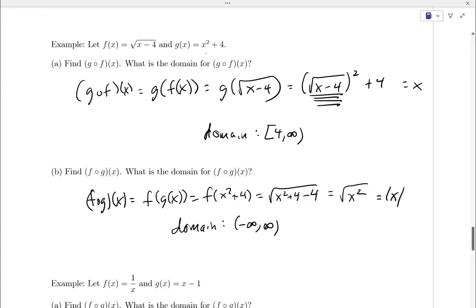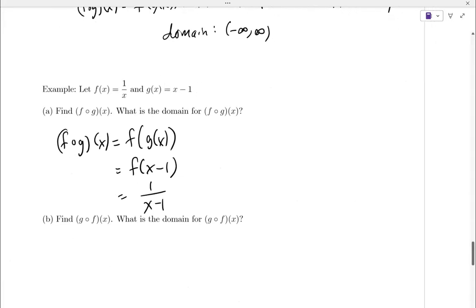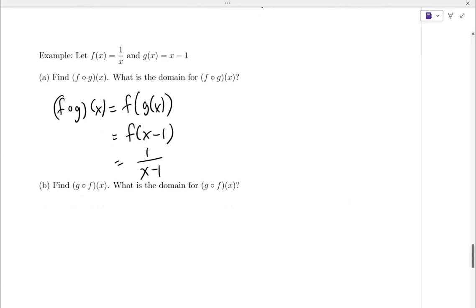When we simplified, we just got an x, and that was like the domain's all real numbers. But remember, this was defined as a composition. It has to go in the square root function first. So when you're asked about domain, make sure that you're always doing it in the unsimplified form first. Okay. Now, like I said, this one doesn't have a lot of simplifying. I'm just reiterating what we talked about last time.